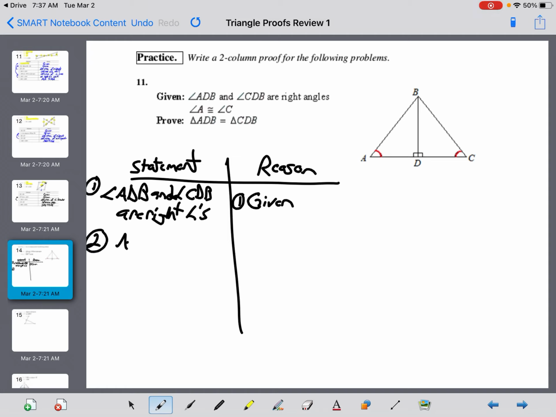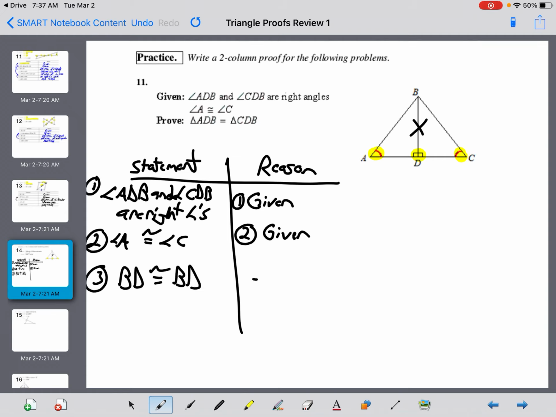Step 2 said that angle A is congruent to angle C. Okay. So we have our congruent angles and we have our right angles. Next, you would say that BD is shared by both triangles, so it's congruent to itself.